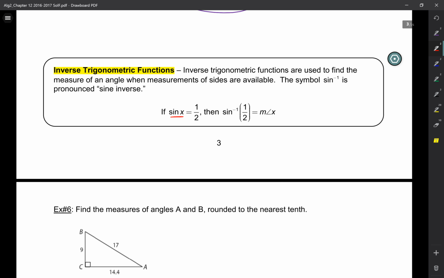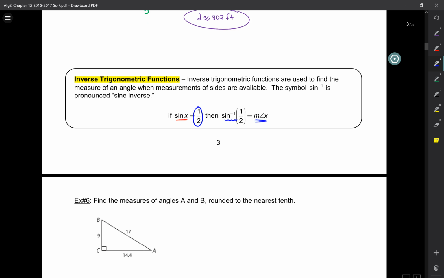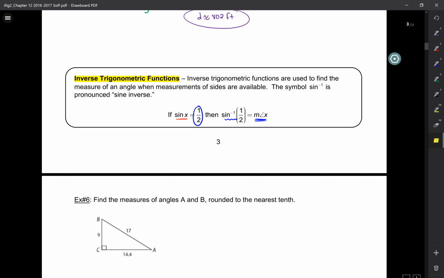Guess what the angle is? What you would have to do is take the 1/2 and take the inverse sine of it. That gives you the angle. So the inverse trig functions are used to find the measure of an angle when the sides are given, and we use inverse sine. Sine inverse is how we call it, not sine to the power of -1.